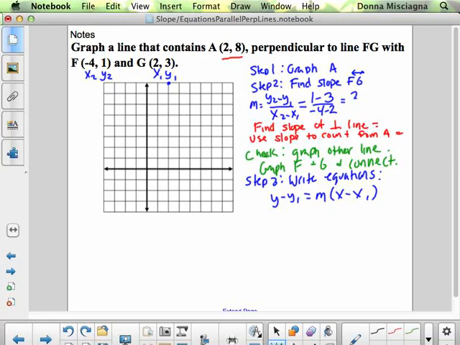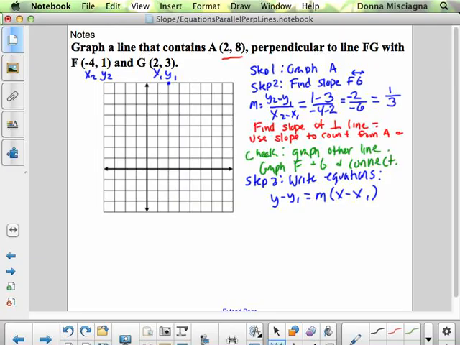1 minus 3 is -2. -4 minus 2 is -6. The two negatives cancel, and this also reduces. 2 and 6 are both divisible by 2. 2 divided by 2 would be 1, and 6 divided by 2 would be 3.